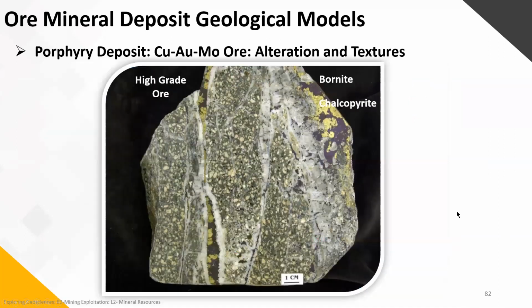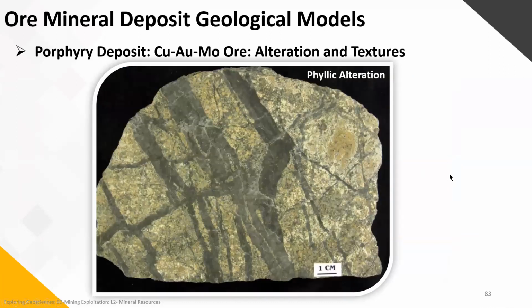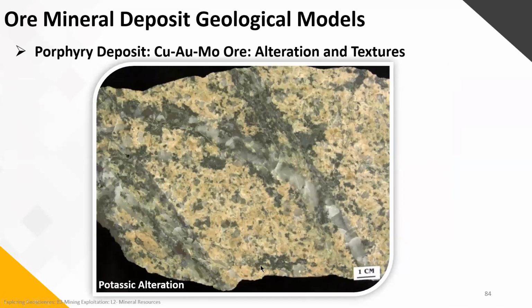So here is an example with the alteration and textures with both metals, bornite and chalcopyrite for copper. We have the types of alterations we can find, so phyllic and potassic, as seen here.